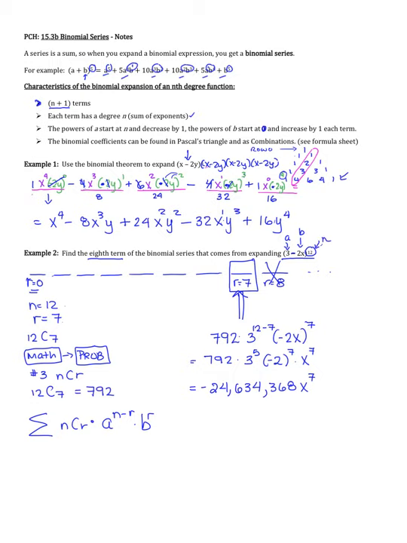And the r represents the 8th term minus 1, okay? Because remember, you have position 0. So you're actually at r is 7, because that would be 8 places out. And this was your answer. All right, I hope that makes sense.